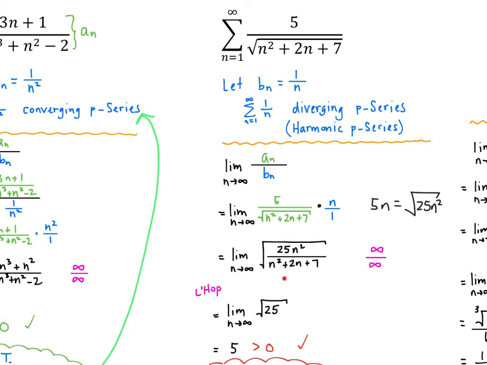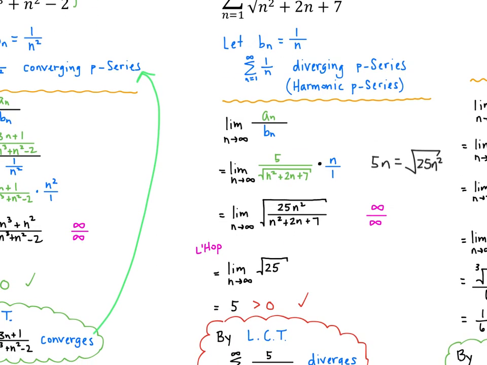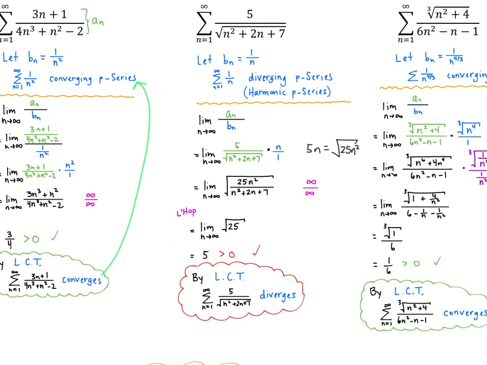When we use substitution, we get infinity over infinity. When we use L'Hopital 2 times, and we simplify things, we're going to be left with the limit as n approaches infinity of the square root of 25, okay? Just the coefficient, which is 5. Which is greater than 0, okay?